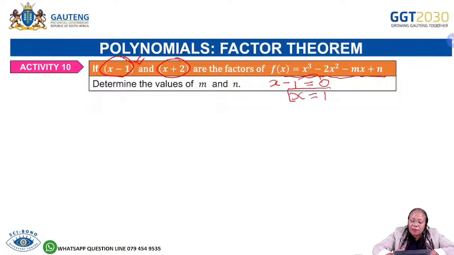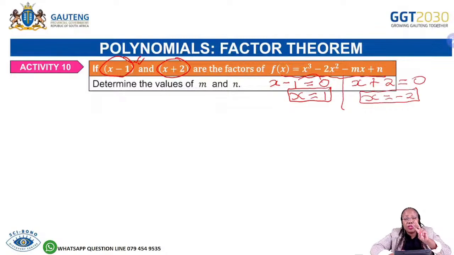So we will be substituting x equal to 1 for the first condition. For the second condition, we take x plus 2 and let it equal 0, and in this case we will be substituting x with minus 2 to get the second equation.